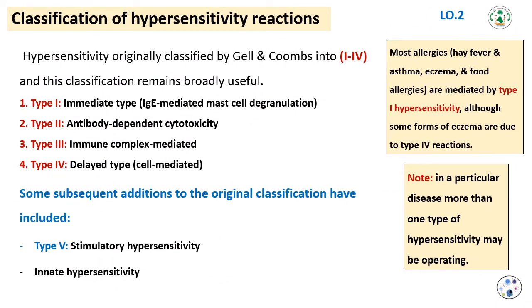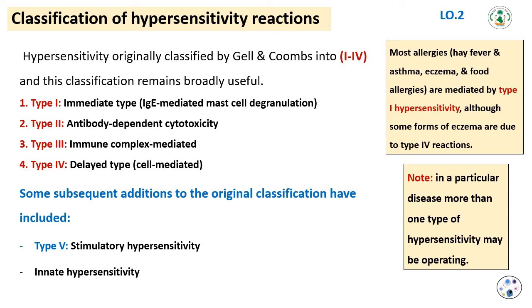Now, hypersensitivity reactions were originally classified by Gell and Coombs into 4 types of reactions, and this classification remains broadly useful. Type 1, immediate type, IgE-mediated mast cell degranulation.